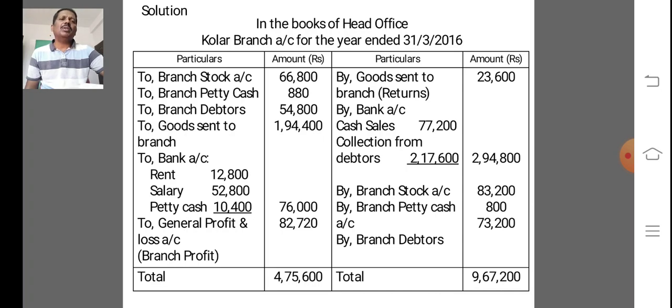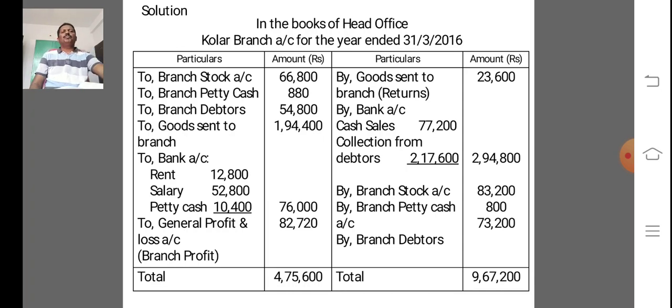Come to the credit side of Kolar Branch Account. Credit the opening liability. In this problem, there are no opening liabilities, so we do not make an entry. And credit goods sent to branch account.